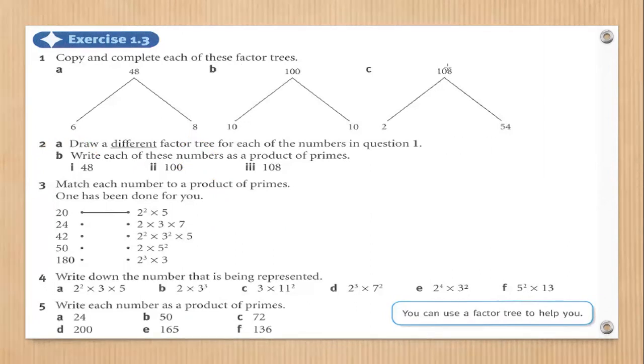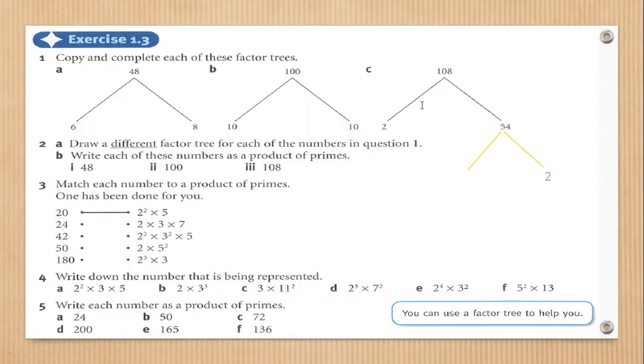Let's suppose I have 108 and here is 2. 2 is already a prime number, so there is no need to solve it. But this one we divide into two parts. Which number do we write here? Let's suppose I write 2. Now next, what do I write? 2 times how many equals 54?